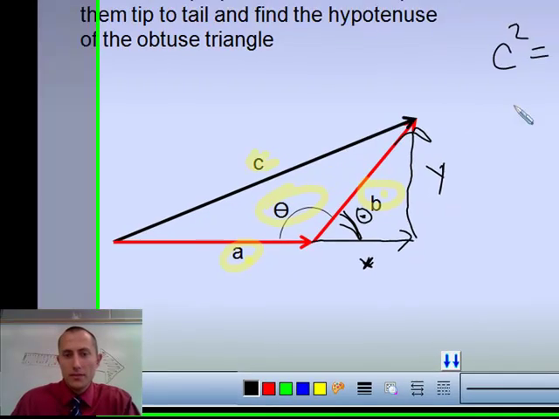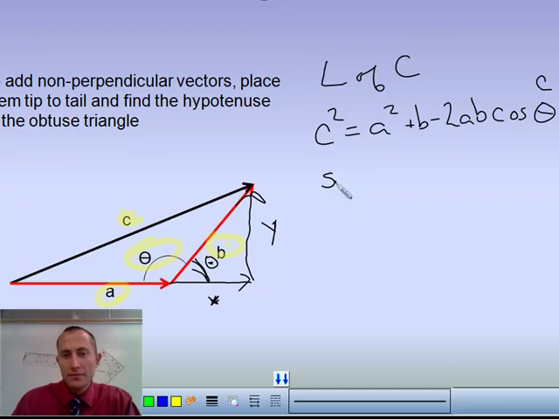So we know that sine theta is equal to opposite over hypotenuse. So that's y over b in this case. We're looking for y, so our y component is equal to sine theta times b.